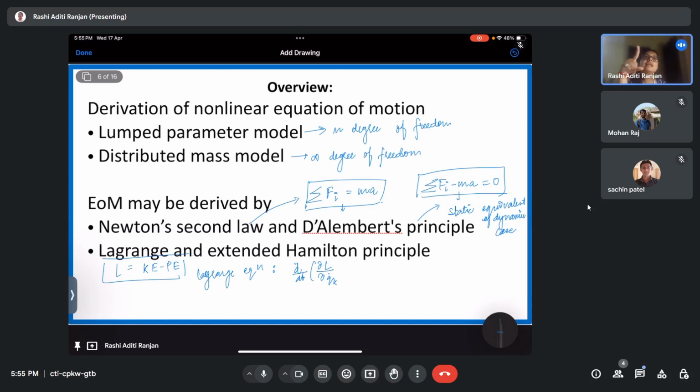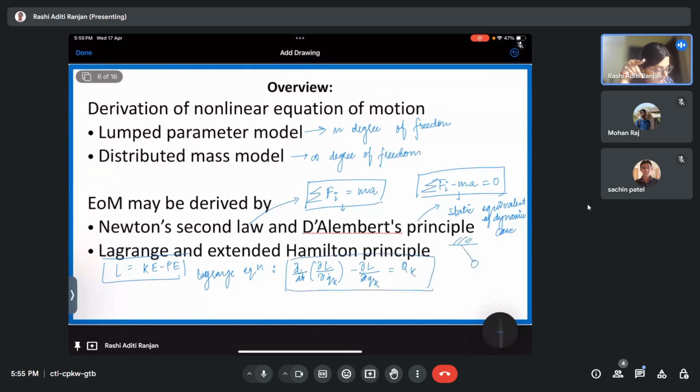Now, firstly, what is a generalized coordinate? The best example is the pendulum. So this is my pendulum.